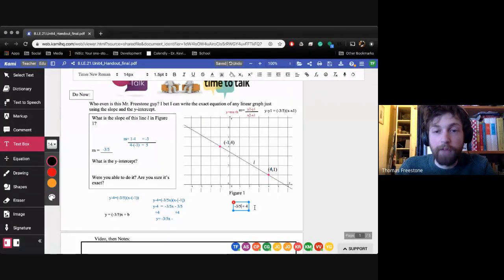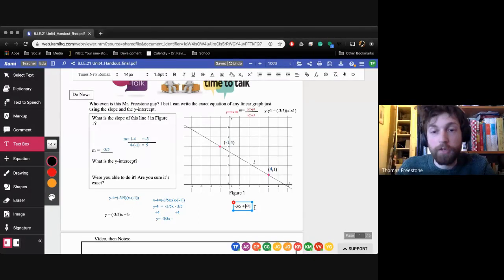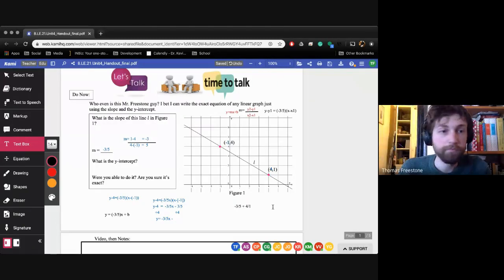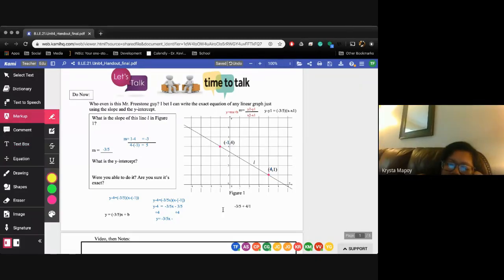I'm trying to add fractions. What do you need? Yep, denominators. Okay, so if I need to get the same denominators, this one has a denominator of 5, and this one has a denominator of 1. What could I do to this one to make them have the same denominator? Let's hear from someone else. Sierra, what can we do to make sure those two fractions have the same denominator?